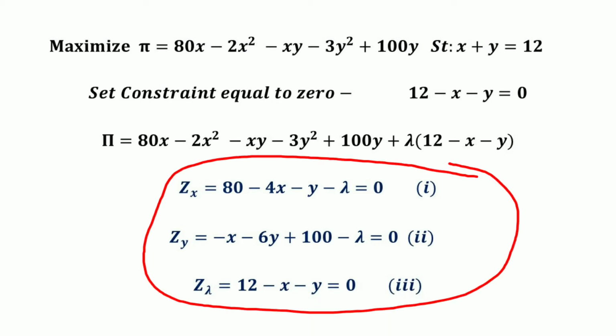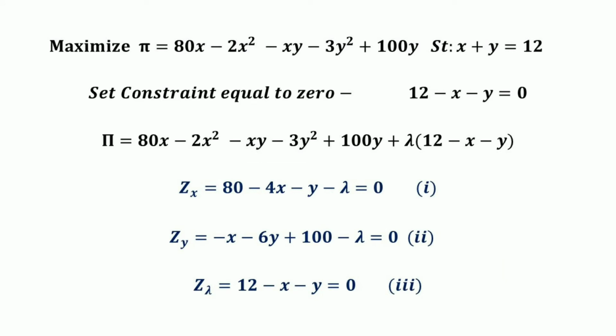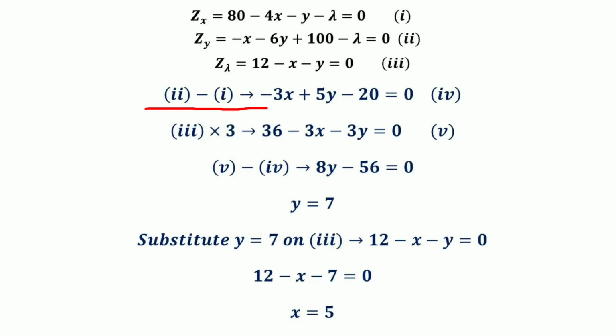Now we simultaneously solve these equations in order to find the critical values, that is the value of x, value of y and value of lambda. For finding these values, subtract equation number 1 from 2, then it will become minus 3x plus 5y minus 20 is equal to 0, which we set as equation number 4.